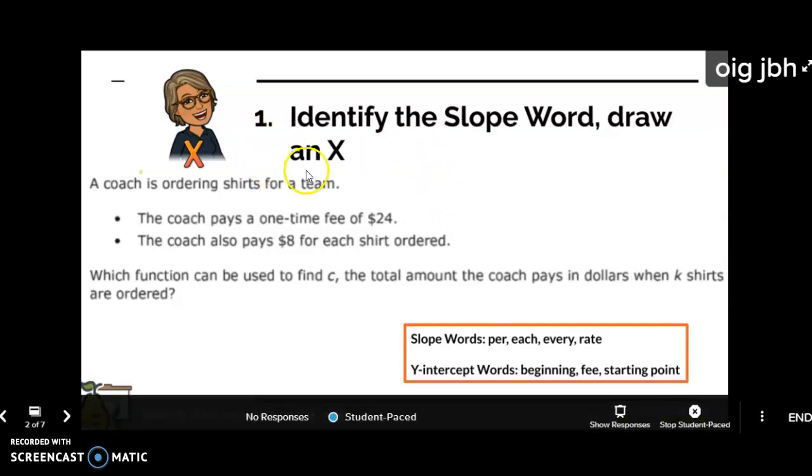So the first one is identify the slope word and draw an X. It's not letting me draw it on my screen, but the slope word in this word problem is the word each. So go ahead and get your marker or your highlighter or whatever you need from the slide. Draw an X on top of the word each.